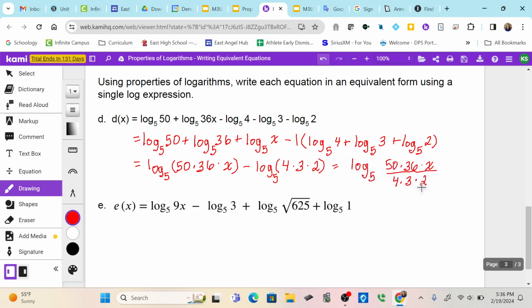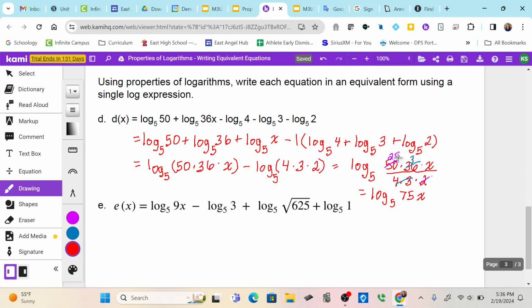So 4 times 3 is 12, and I could cancel the 12 with the 36, leaving me 3 in that numerator. 2 will go into 50 25 times. So now I will have log base 5 of 75x.